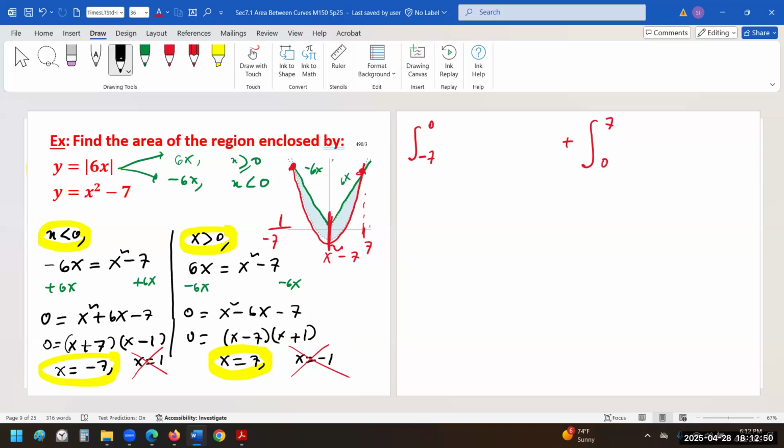What minus what? Go ahead. -6x minus x squared minus 7 dx, because see here, -6x is bigger.